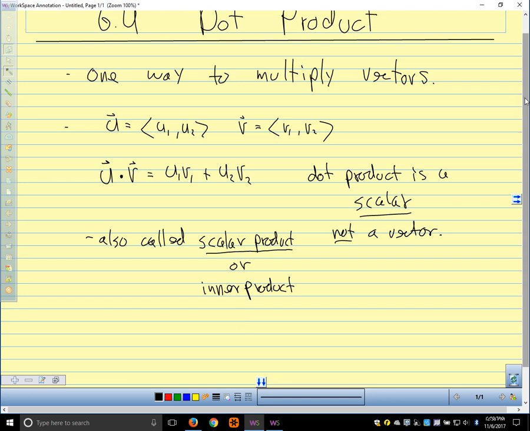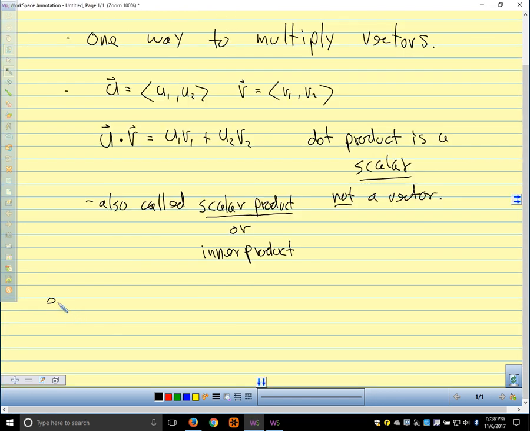So let's look at a quick example of a calculation. Dot product is nice because it's very easy to calculate. So if u is 2, 6, and v is negative 1, 5.